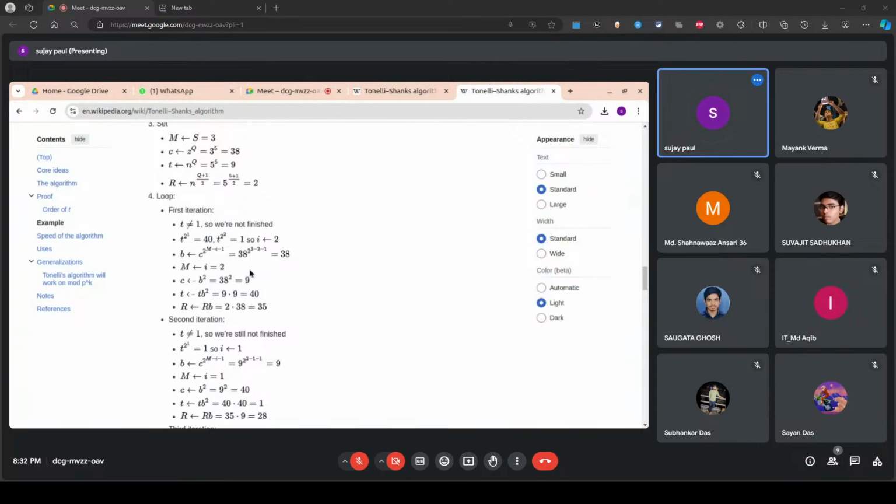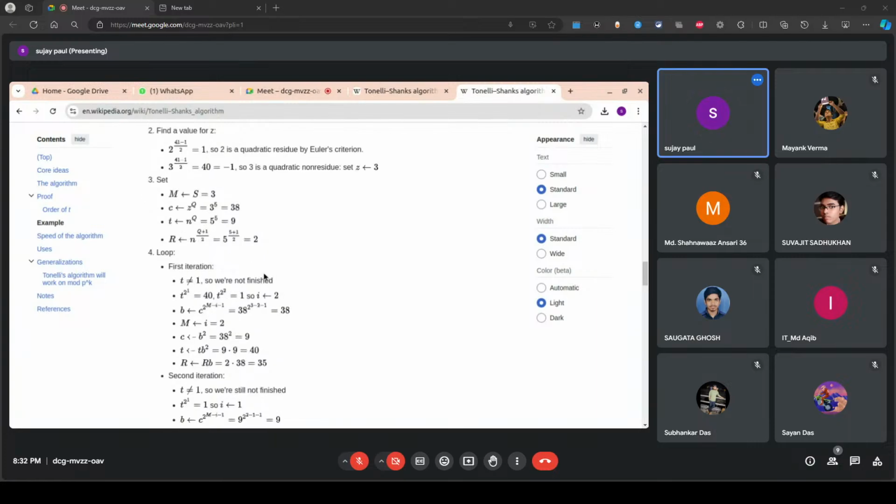Now again, t to the power 2 mod 40 is equal to 1. The value of i is equal to 2, iteration.